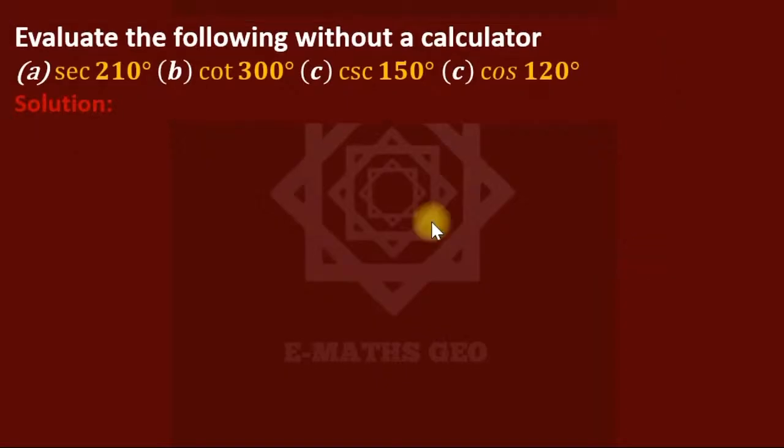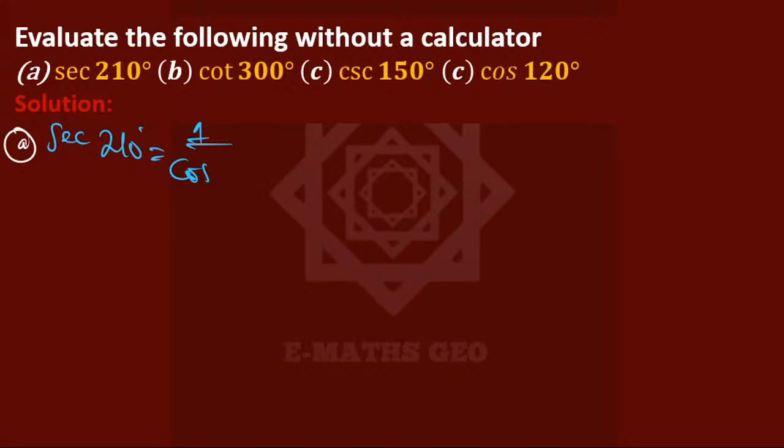Okay. Now I want to apply the use of that table of special angles. We have to evaluate the following without a calculator. The first one, we have sec 210. You know that sec is 1 over cos.